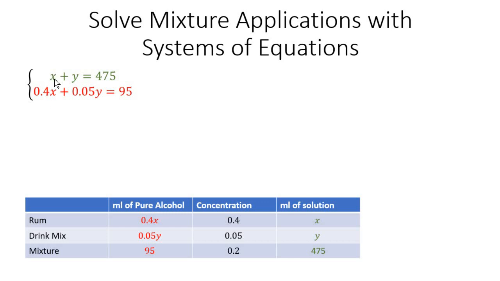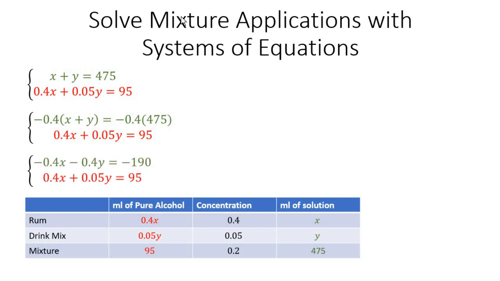I'm going to get the coefficient of x in the top equation to be negative 0.4, so that when I add it to the other equation, x will be eliminated. So I'm going to multiply that entire top equation by negative 0.4. I'll distribute that negative 0.4 to get negative 0.4x minus 0.4y, and then negative 0.4 times 475 is negative 190.